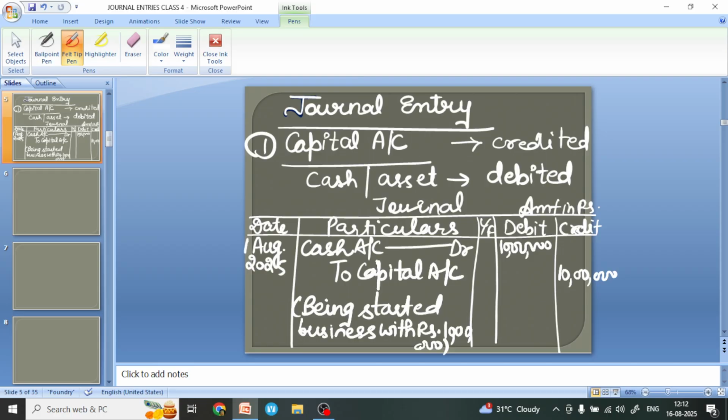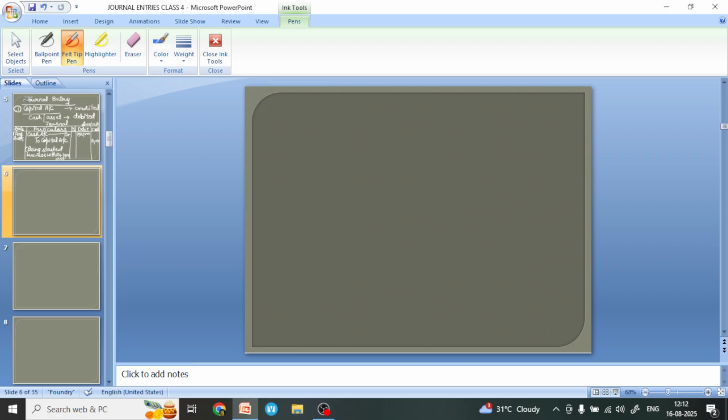Okay. Now second entry. Before going to discuss the second entry, I will repeat the golden rules for journal entry passing.